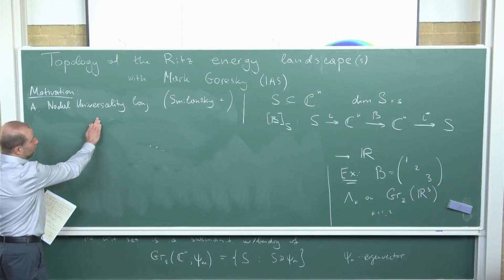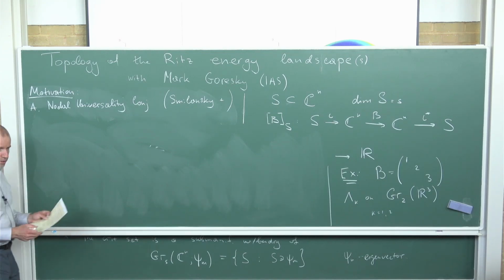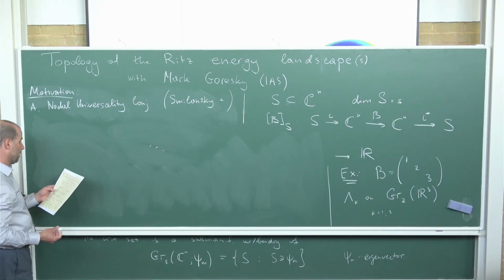In particular, it can be carefully formulated on quantum graphs, and it has not been falsified. There are no examples where it doesn't hold. There are some examples where it does hold.